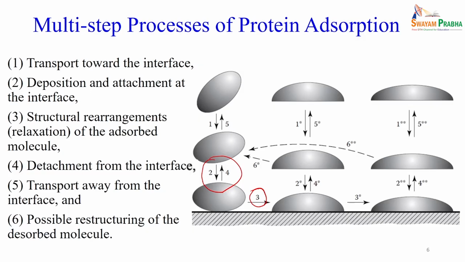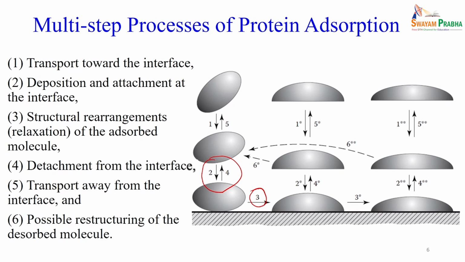So, these are the six main steps: first, transport towards the surface or interface, then deposition and attachment at the interface, followed by the structural arrangement or relaxation.